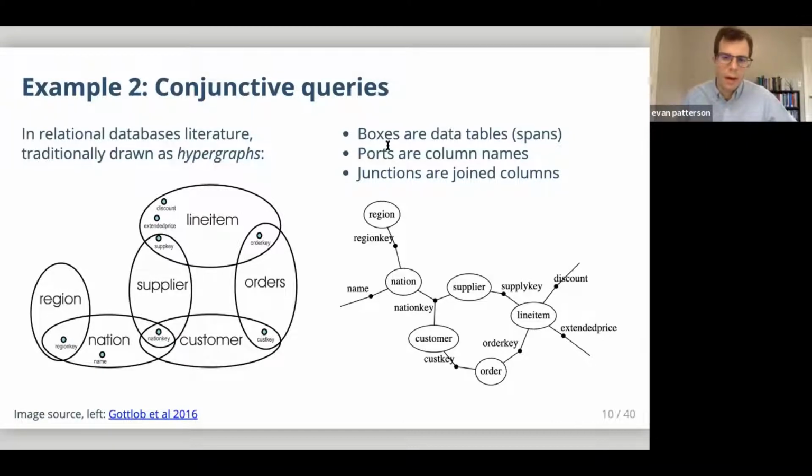These pictures often become spaghetti when you get complex queries. I think it's clearer to draw them as undirected wiring diagrams, where the boxes represent data tables, which we'll formalize as spans, the ports are column names, and the junctions are joins that are happening in that query. Another advantage of the UWD is that it distinguishes the ports from the junctions in a way that the hypergraph picture does not.